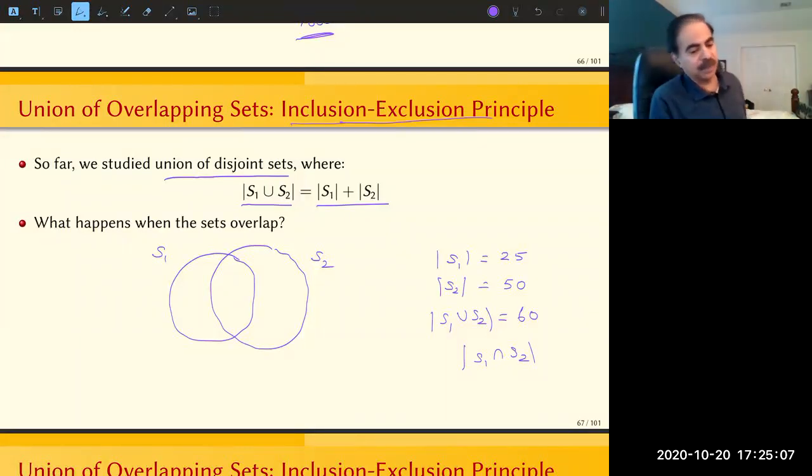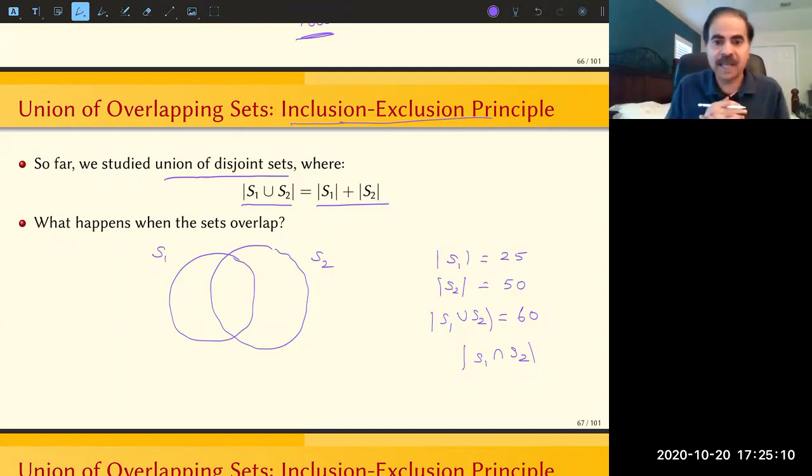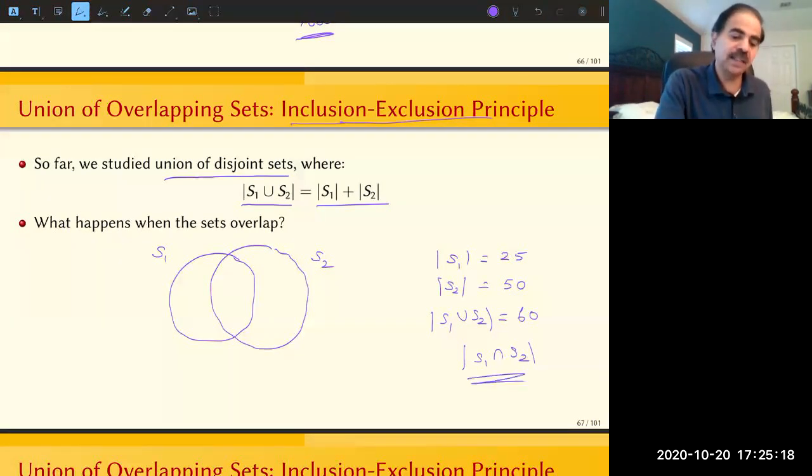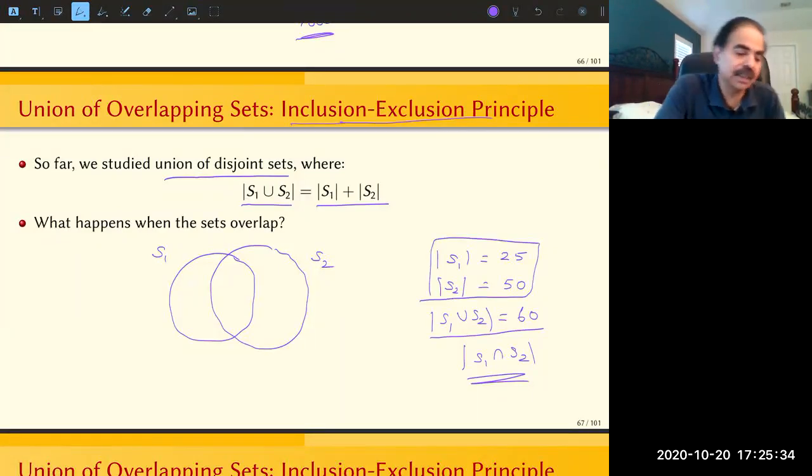So the inclusion-exclusion principle is simply a manifestation of this sort of reasoning, which basically says that to find this intersection, the reason why S1 union S2 is less than the sum of the sizes is because anything in the intersection gets double counted. It's counted once on behalf of S1 and once on behalf of S2.